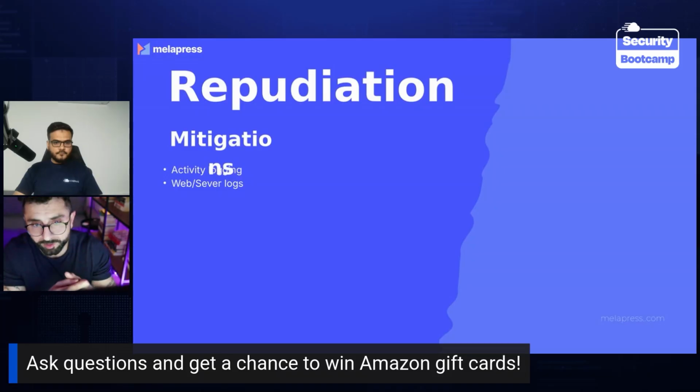For example, send me a notification whenever an admin user account is created. Very, very important. Same for users logging in and logging out, keep a record with their IP and everything. So if something happens, we can always go back to understand what activities led to this.